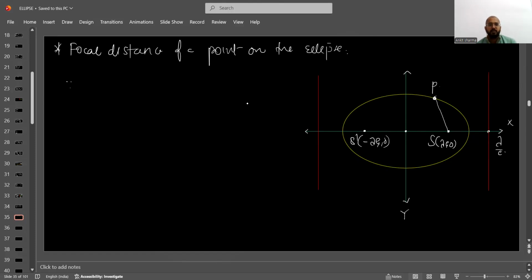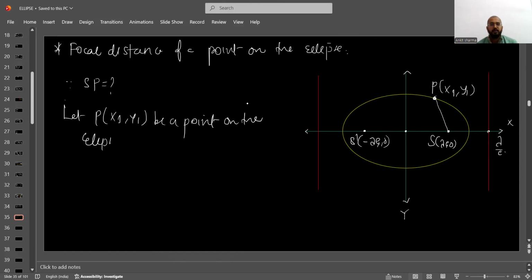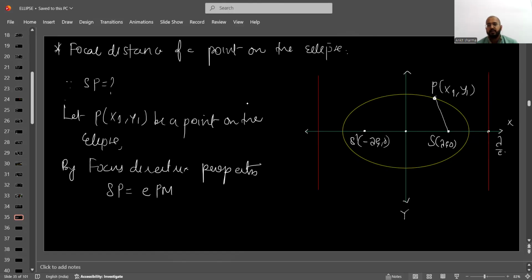So since I want to find out SP is equal to what? So let P x1 y1 be a point on the ellipse. I want to find out what is the distance SP. So by the focus directrix property, I'll be having SP is equal to eccentricity into PM.